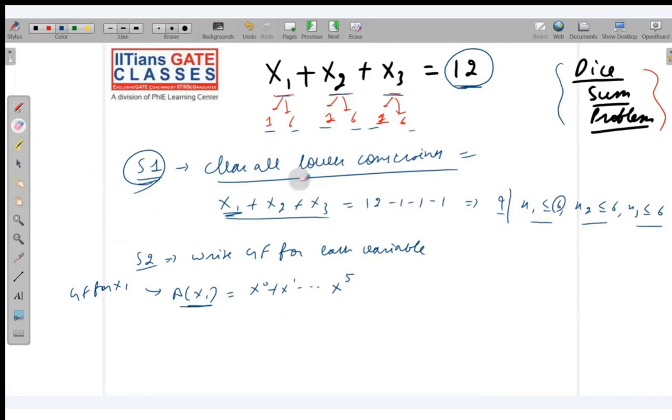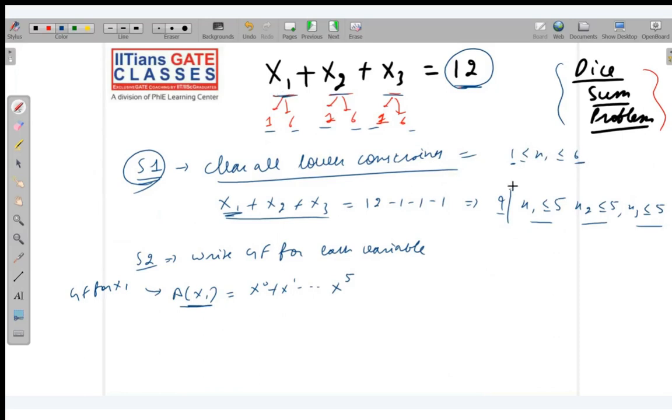Why? Because the minimum was 1 and the maximum was 6, the outcome of the first dice.